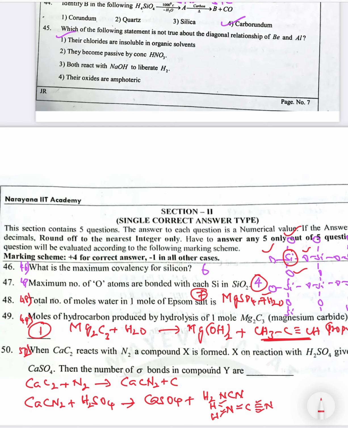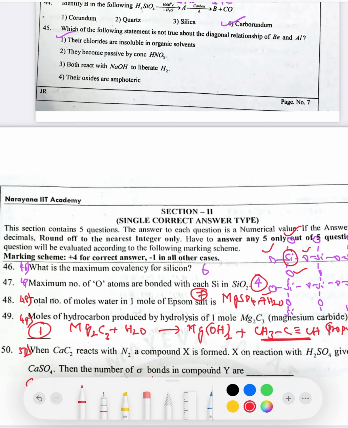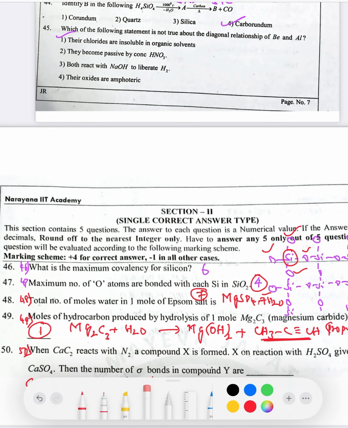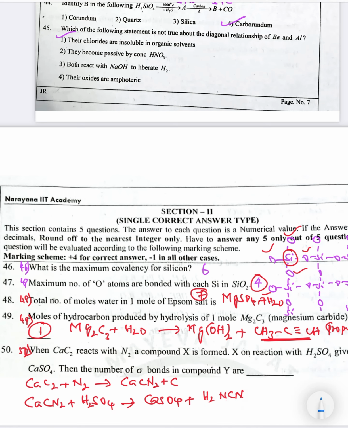Right. So here it is not 5. Let's see the last compound. Again I write the structure so that it is easy.